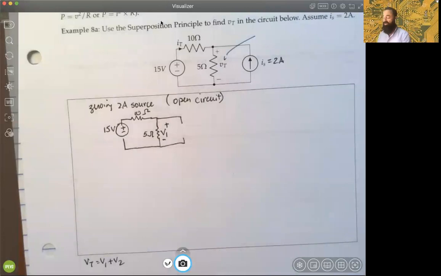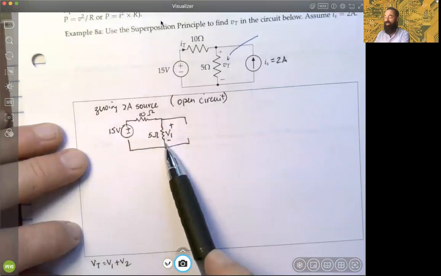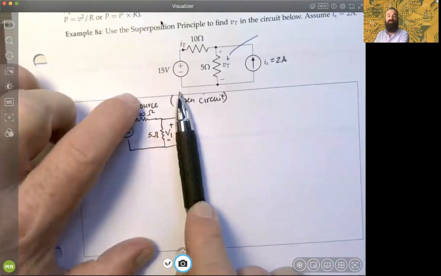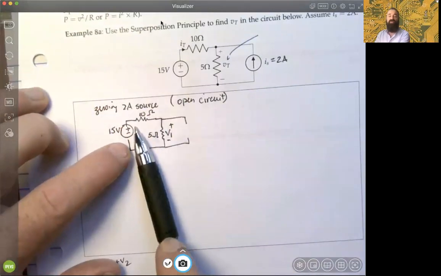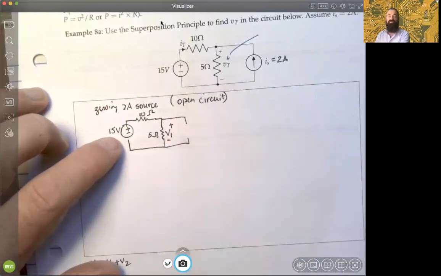Now we're only going to pay attention to this loop right here, and we have a voltage source, and again, there's no current flowing here. So just paying attention to this closed path, you've got 2 resistances in series with each other, and this voltage source.